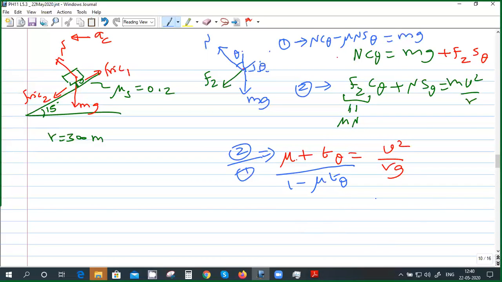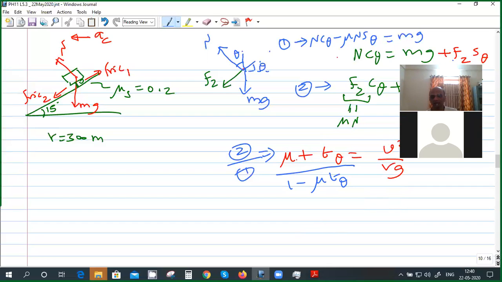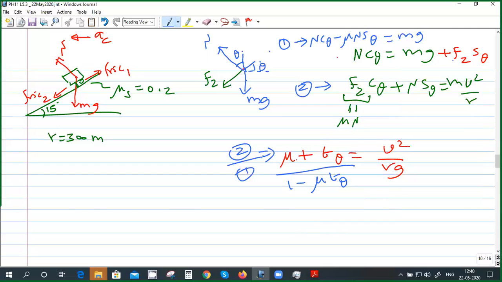So is it clear? Yes, sir. Bhavya, mic is off. Yes, sir, it's clear. Okay, I made that mistake. I left out that F2 vertical component. So we bring this F2 on this side. So equation 1 and 2 are the ones on the top.